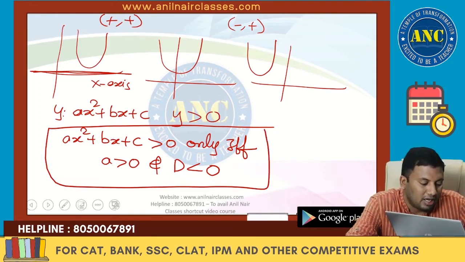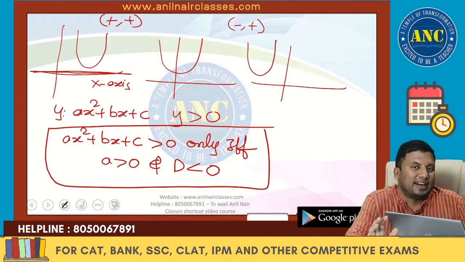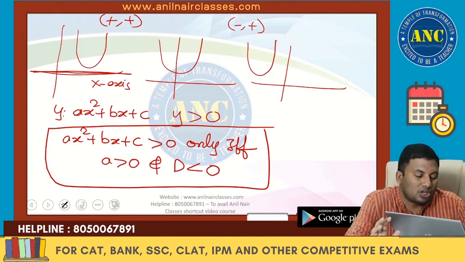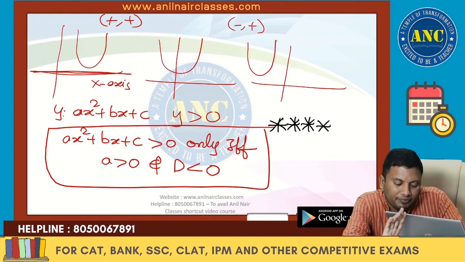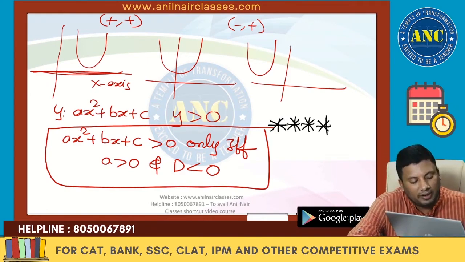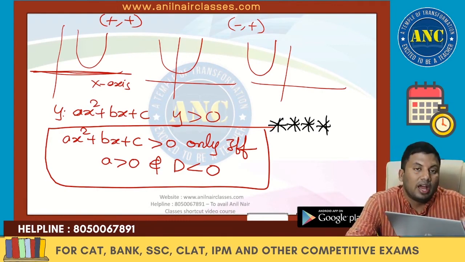A lot of good questions can be developed from this, and a lot of previous year management exam questions also came from this topic. A quadratic expression will be greater than 0 only if a is greater than 0 and d is less than 0.